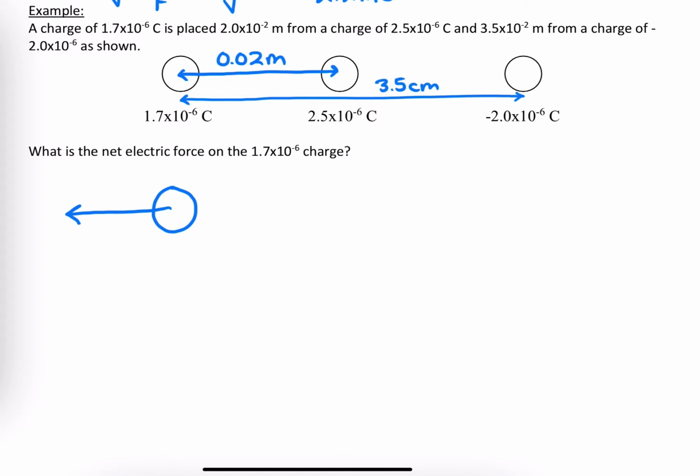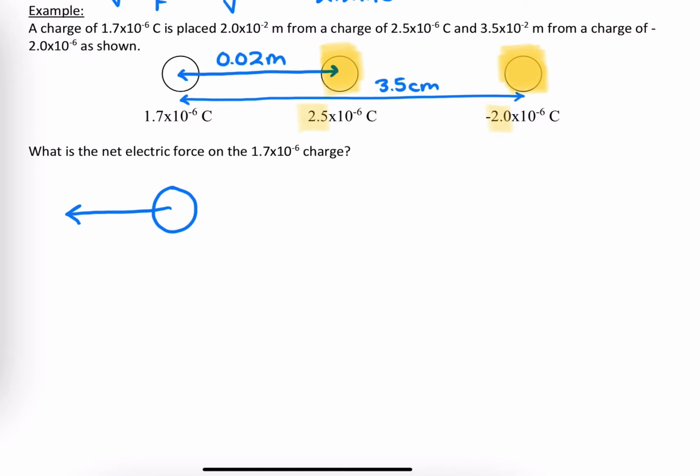Now, in my free body diagram, it would be great if I can get the rough magnitudes of these arrows correct. So the push I'm getting from this charge is from a charge that's pretty close and pretty big. Whereas the pull I'm getting from this charge is from a charge that's further away and lesser in magnitude.